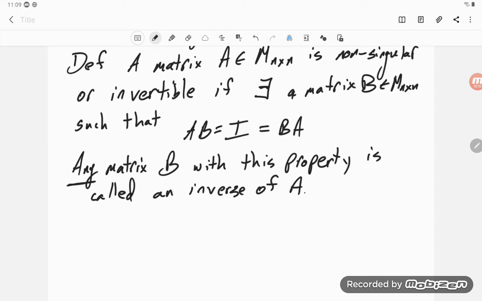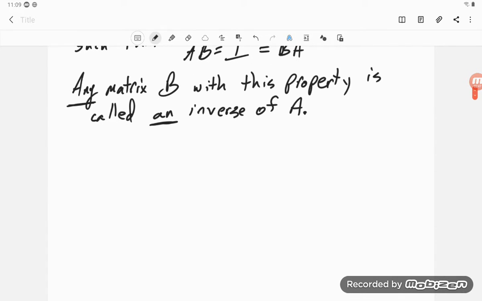They're saying any matrix, an inverse of A. So we don't know that in matrices this multiplicative inverse is unique. But that's the first theorem they do.